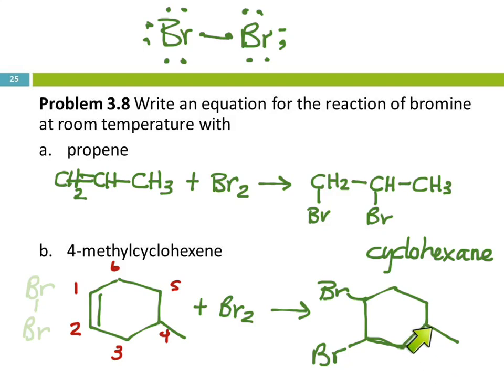But we could number from here 1, 2, 3, 4, or we could number from here 1, 2, 3, 4. Who gets the lower numbers, the bromine or the methyl? The bromine. So this is going to be 1, 2 dibromo. We're going to number like this. 1, 2, 3. 1, 2. That'd be 4.